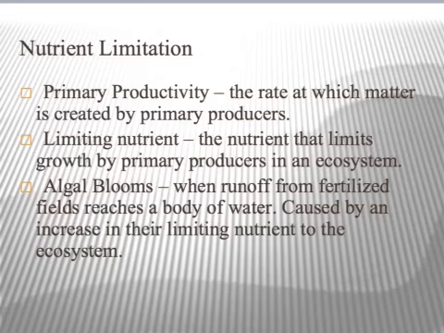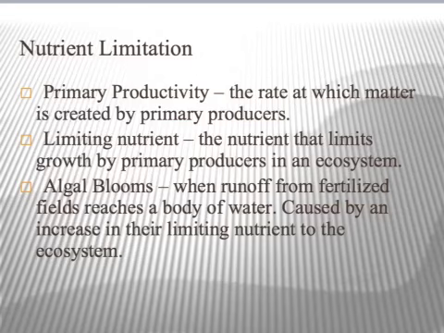Oftentimes in aquatic ecosystems, if there's a lot of this limiting nutrient, such as runoff from heavily fertilized fields, lots of times farmers are going to put some type of ammonia or nitrogen containing compound into the soil, and if there is so much of this, it can produce a lot of algae, and you can get algal blooms.